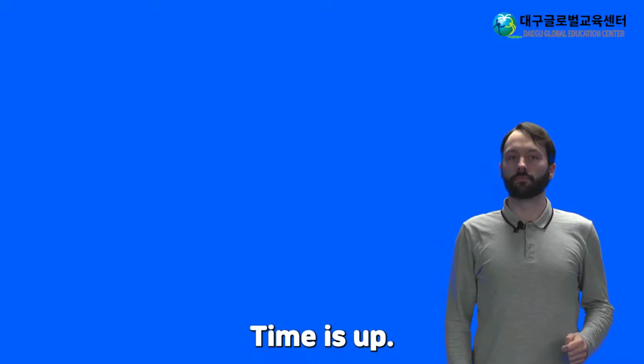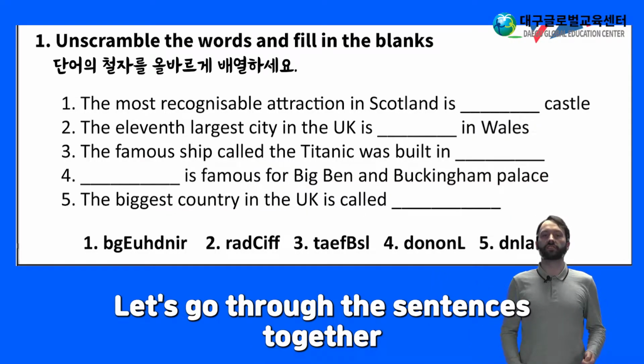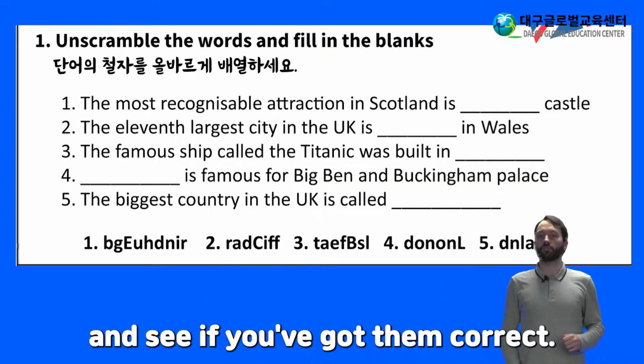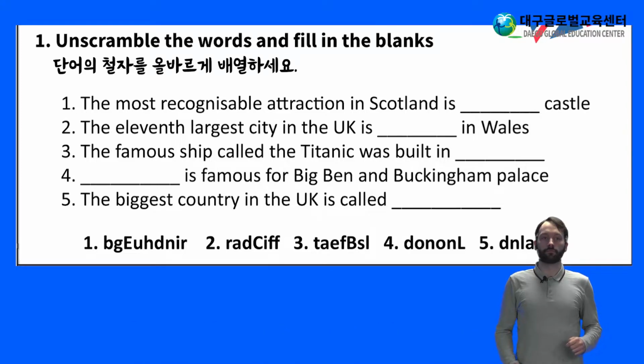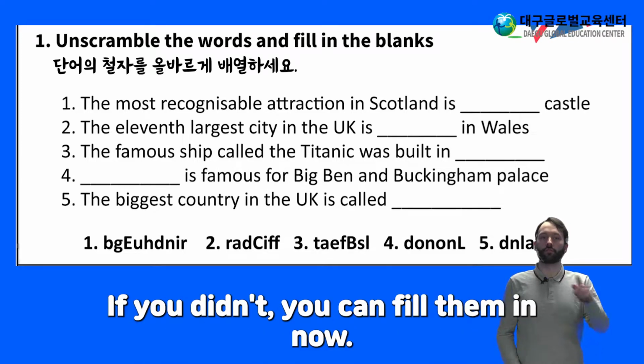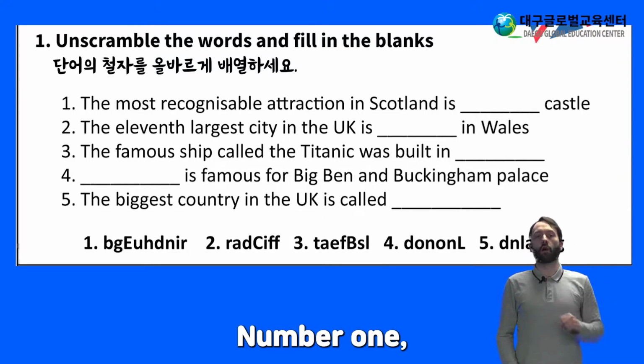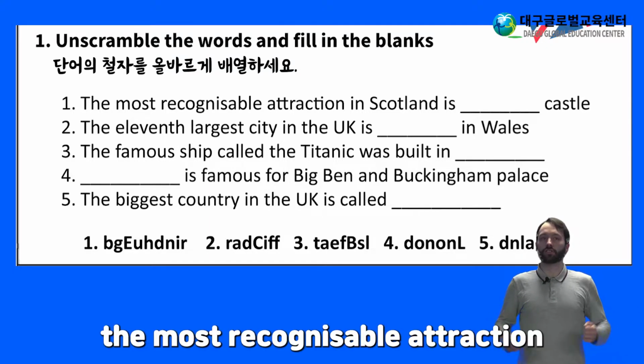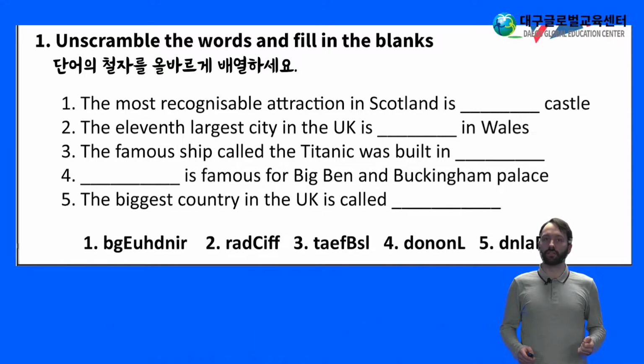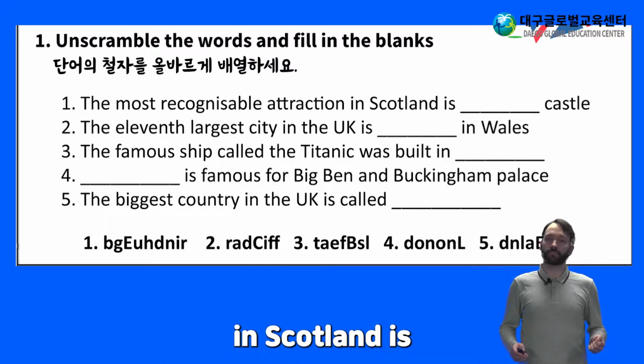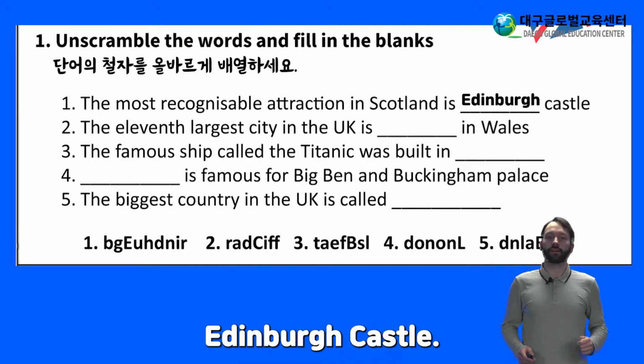Time is up. Let's go through the sentences together and see if you got them correct. If you didn't, you can fill them in now. Number 1. The most recognizable attraction in Scotland is Edinburgh Castle.